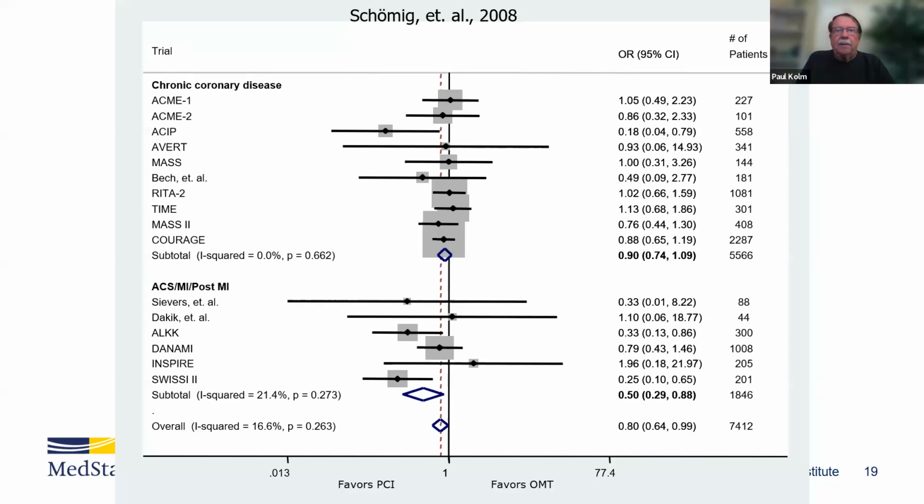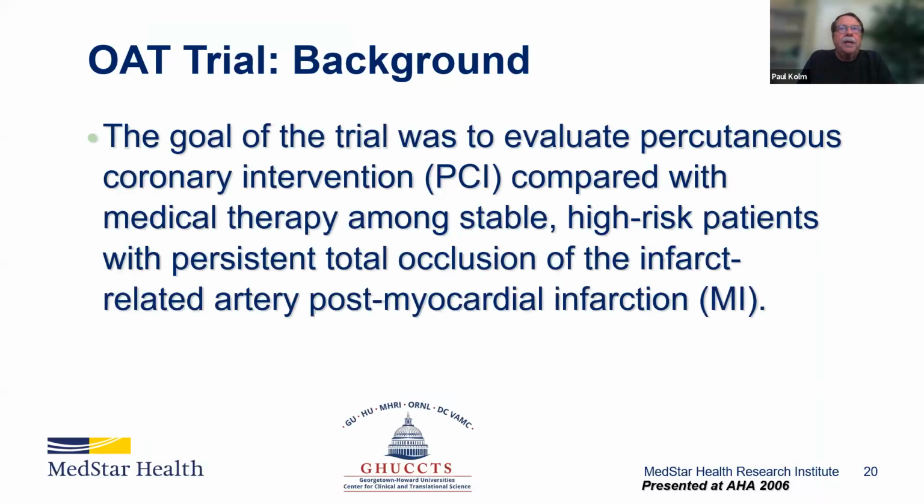Then, in addition to this, what we did was to include the OAT trial, the occluded artery trial. I just have some slides here with the background on it. It has the same comparison of PCI with medical therapy, but in post-MI patients.